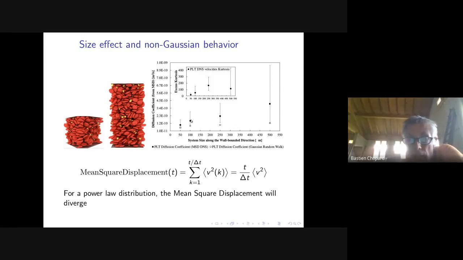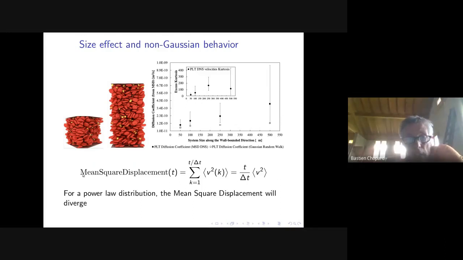What you observe, which is very interesting, is this black square. It increases as the system size increases. You see that the value of the mean square displacement increases, which is totally against a Gaussian type of theory for random walk. You also see that the fluctuation increases a lot.